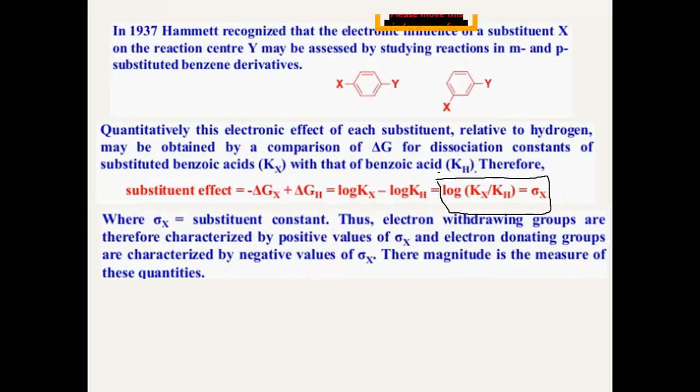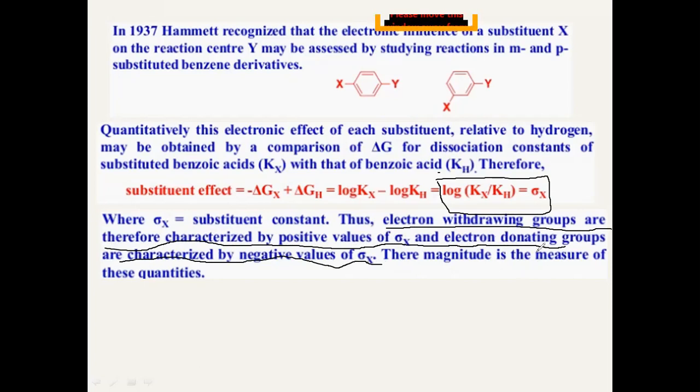And the most important point, you must memorize this: electron withdrawing groups are therefore characterized by a positive value of sigma x and electron donating groups are characterized by a negative value of sigma x. This is the theme of Hammett. Remember, the theme of Hammett. Sigma x is positive, means electron withdrawing groups are present.